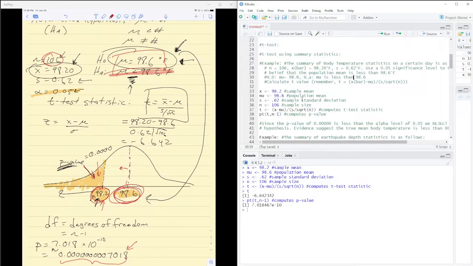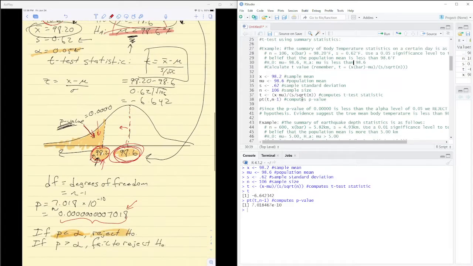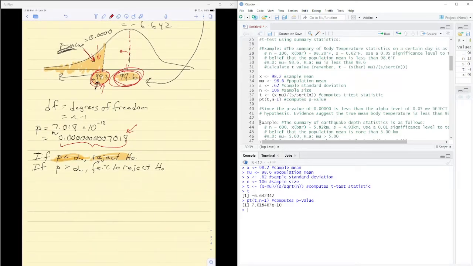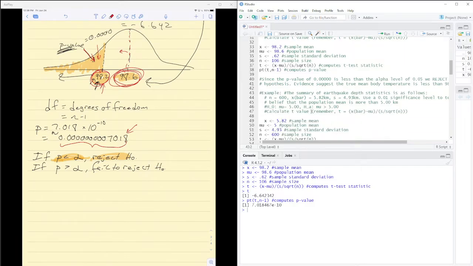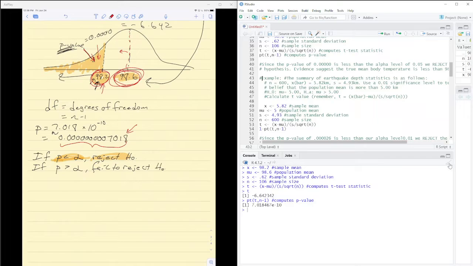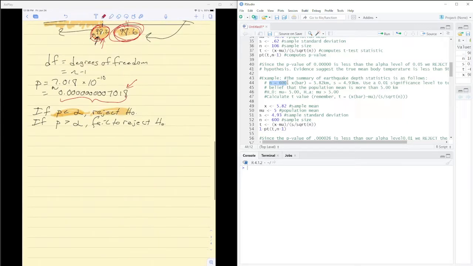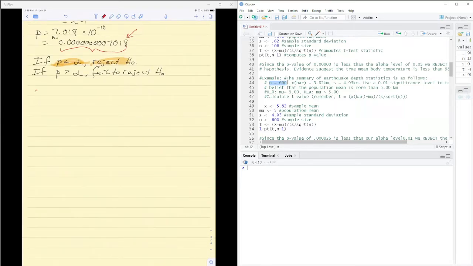Okay. Let's go through another one. Let me comment this out because I had that issue before. I'll clear this. The summary of earthquake statistics is, we're told the sample size is 600.